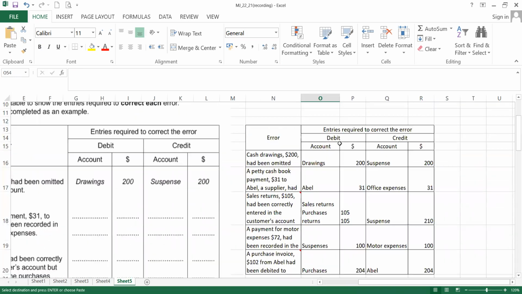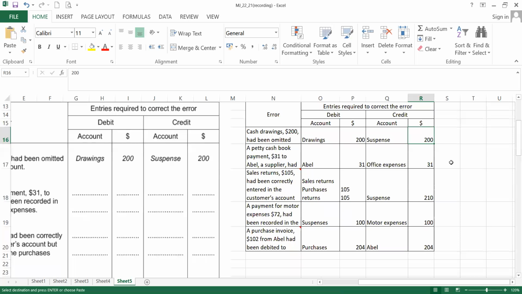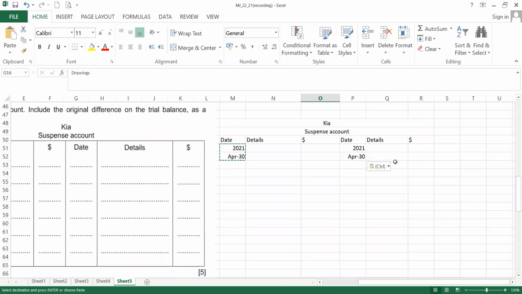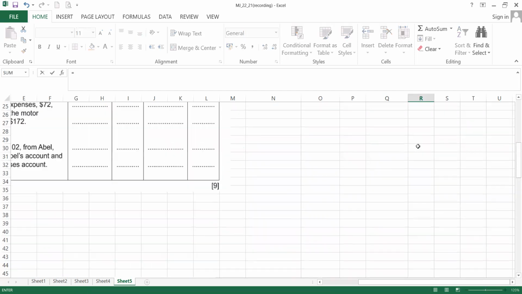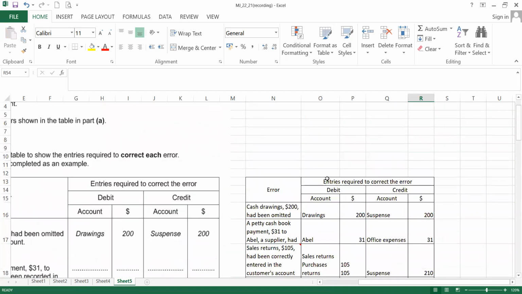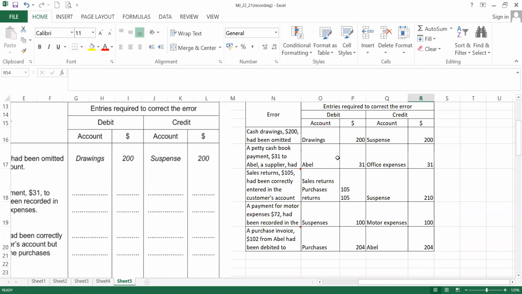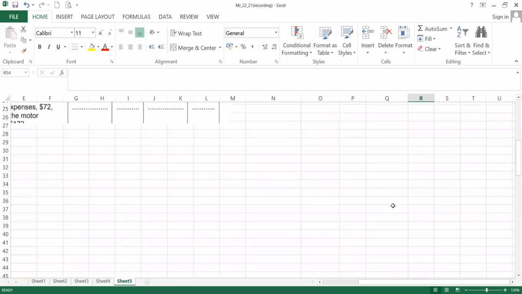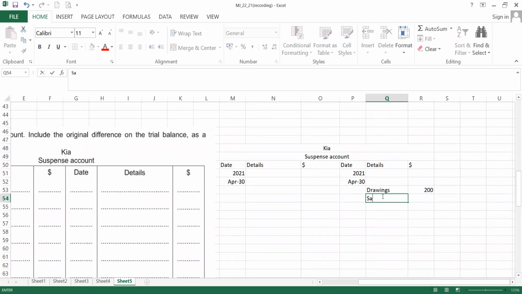So now we go through all the adjustments. Here we got 200 suspense, so the account we put in is drawings. In the credit side we put in drawings, and the amount is 200. Now next, number 2 does not involve suspense. Number 3 involves suspense, also credit side. So here we put the sales return, purchases return.